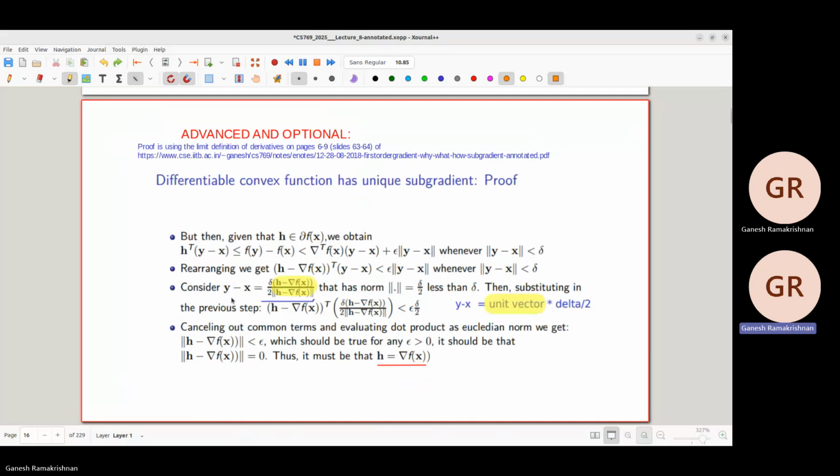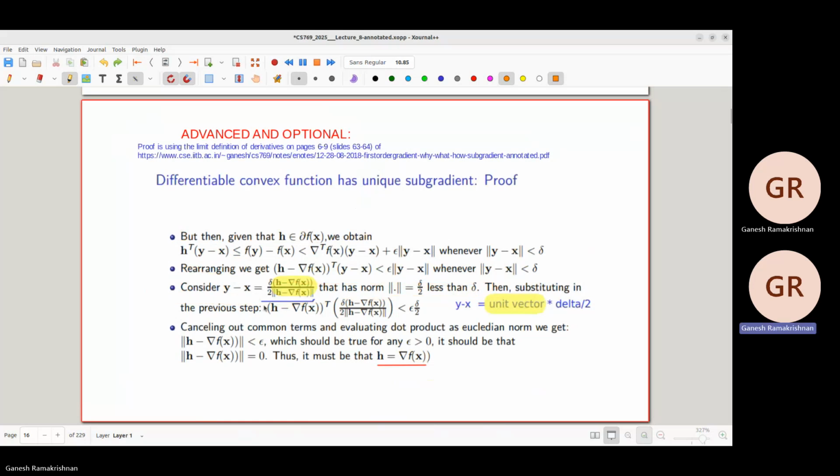So what have we taken? Let y minus x be some delta by 2. So given the delta, we now have the distance between y and x to be delta by 2. So consider y minus x, which has norm delta by 2.